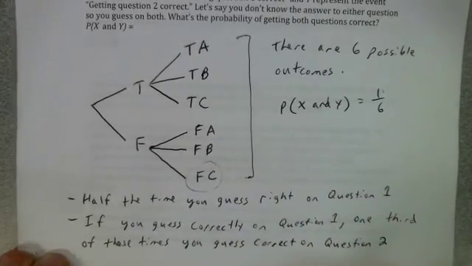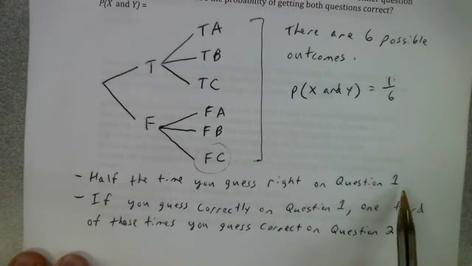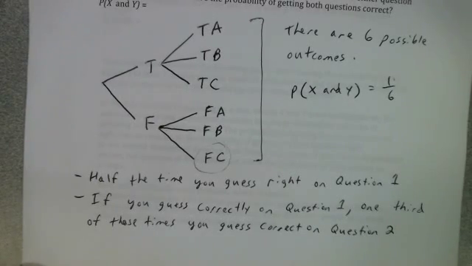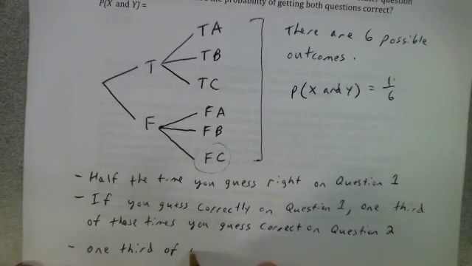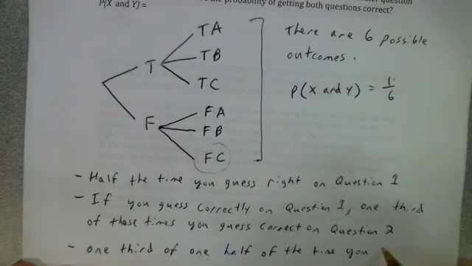So look at what we're saying. Half the time you guess correct on question 1. 1/3 of those times you also guess correct on question 2. So 1/3 of 1/2 of the time you guess correct on both.